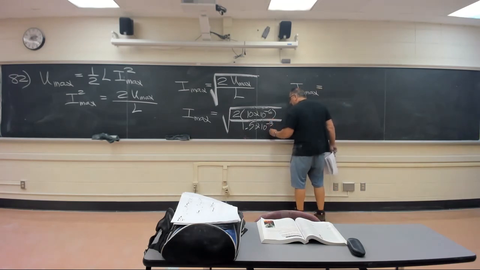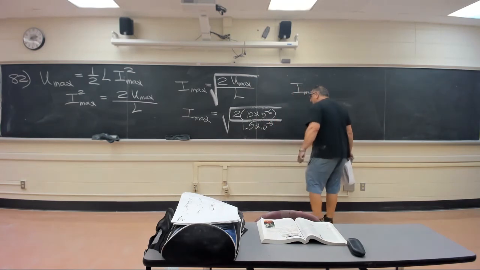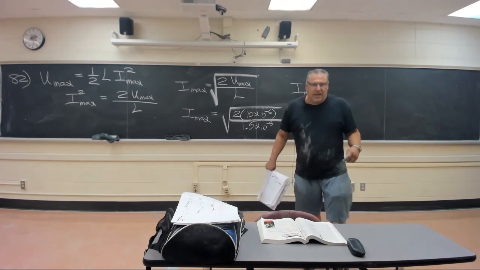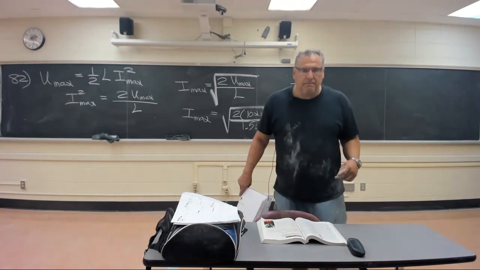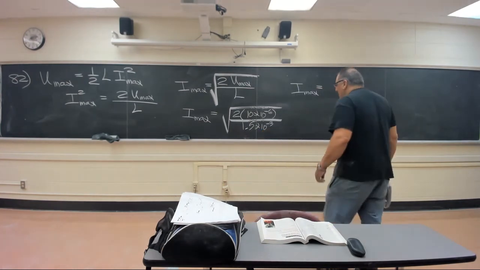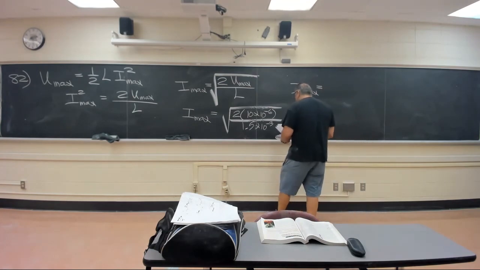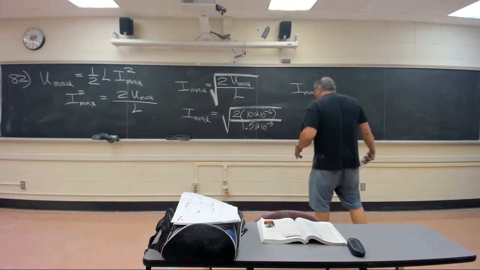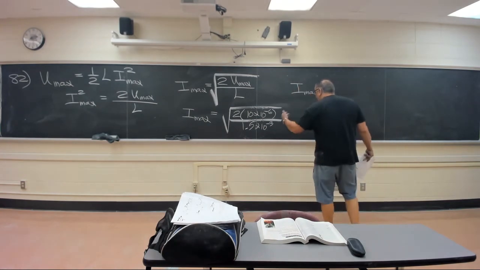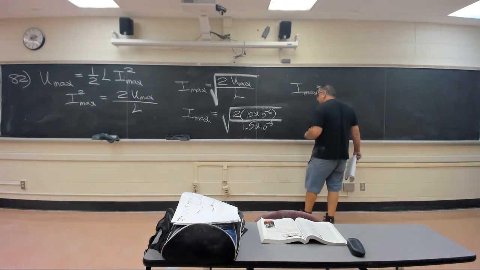Then the powers: negative 6 minus a negative 3 is negative 6 plus 3, which is negative 3. We got 13.3 times 10 to the negative 3. That's 40 over 3, about 13.3.